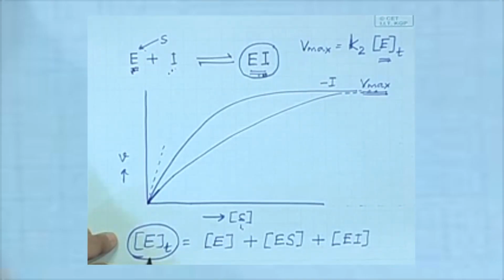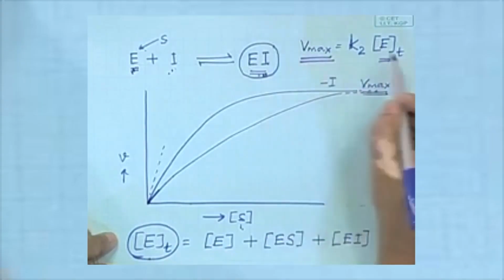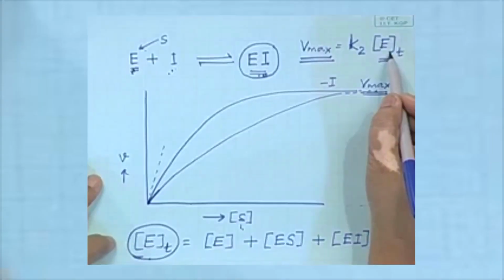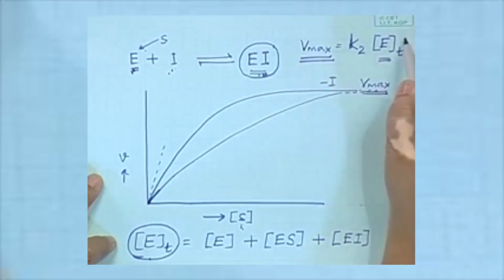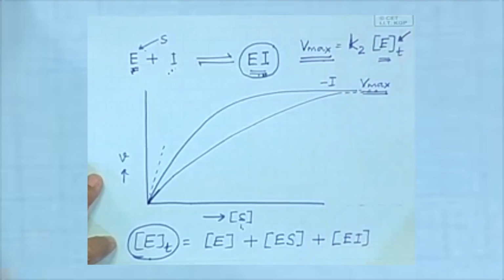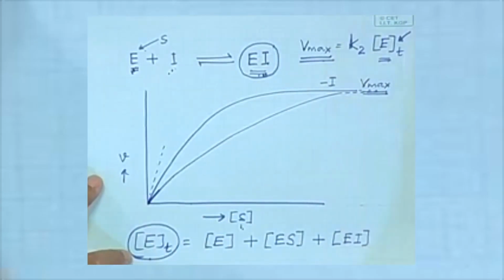If the total enzyme is the same, at some point in time all the enzyme will be saturated. So the Vmax is the same because the total enzyme available is the same. That is extremely important, something you have to understand to know what is happening to Vmax.